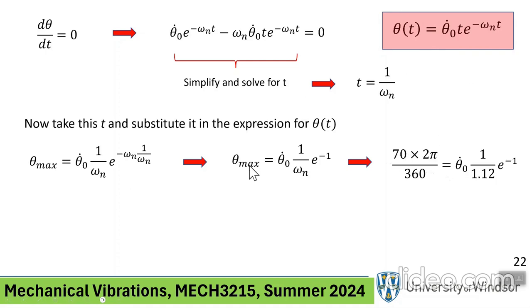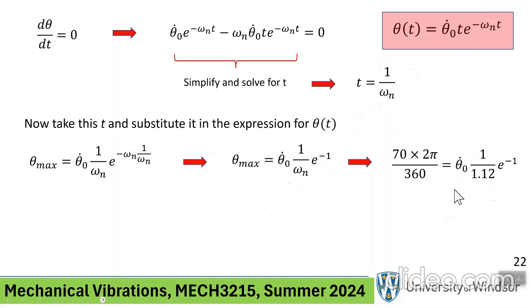Don't use degrees because these are all radians, so 70 degrees times 2 pi over 360 is that many radians. So you just plug it in, and this e to the minus 1 comes from taking this number, sticking it in there, and multiplying by omega n. So you get minus 1.